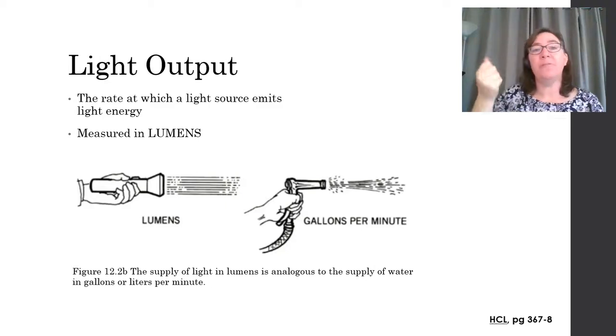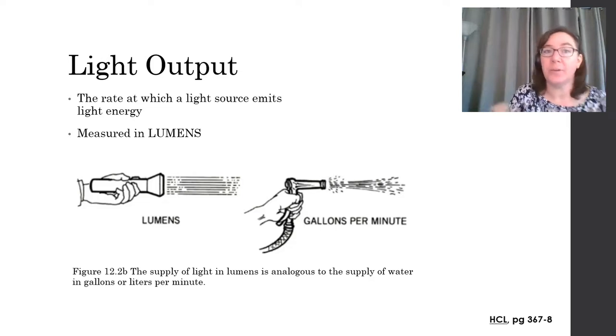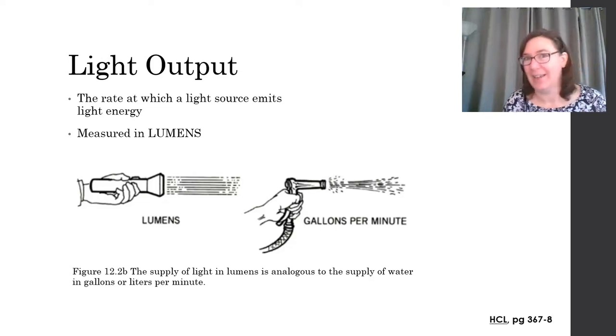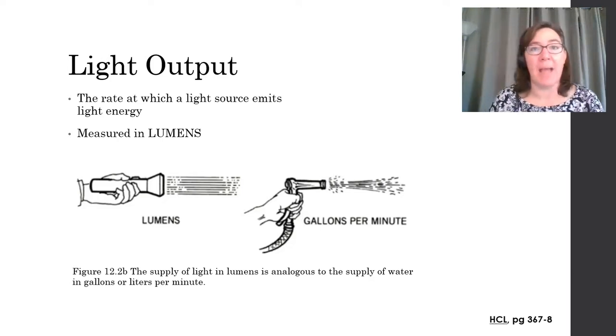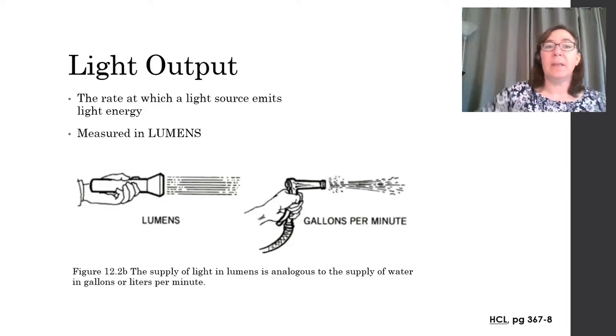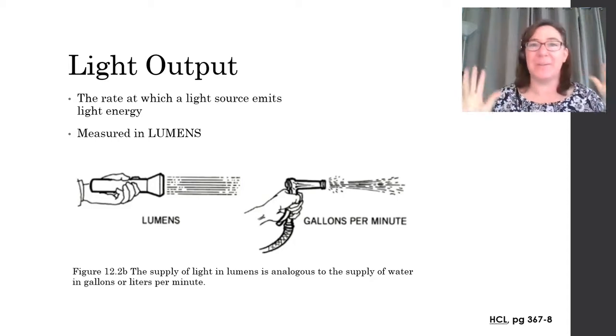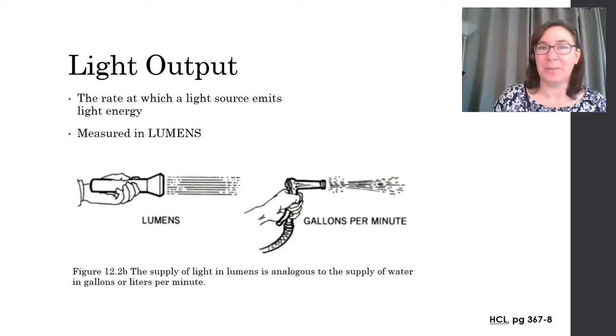If you are shining a light source, like a flashlight in the example here, you can compare that to spraying a hose and the gallons per minute of water that come out of that hose. So lumens is the rate at which the light is spraying out of that light source.